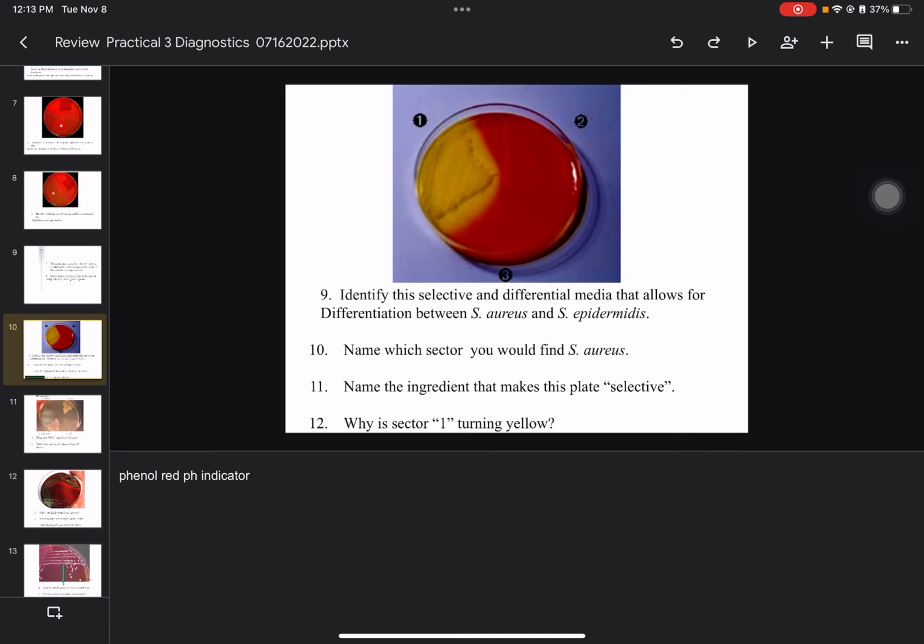It's 7.5%. What is it about this medium that makes it differential? Mannitol. If the media is yellow around the colony, what does that indicate? Acidic. And what pathogen is that? Staph aureus.